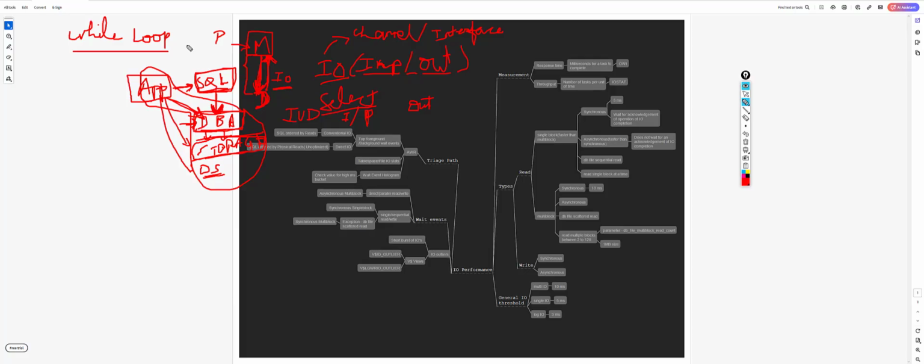If a condition is true, then it may execute, or if a condition is false, then it may execute. Until the condition becomes true, this while loop keeps on executing infinite times. So these kinds of leakage may happen in the SQL layer.